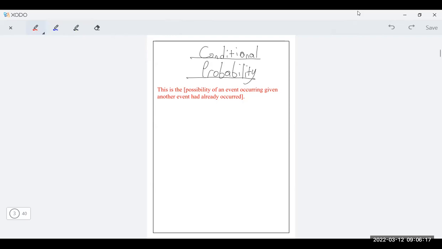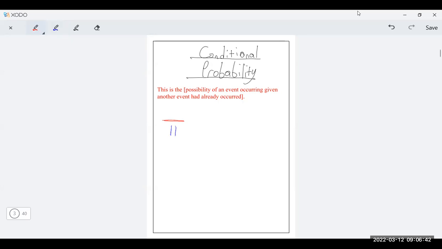Let's say there's a class of 40 students. I'll use, for example, how many students are in your Integrated Math class? 11? All right, so there are 11 students doing integrated mathematics.